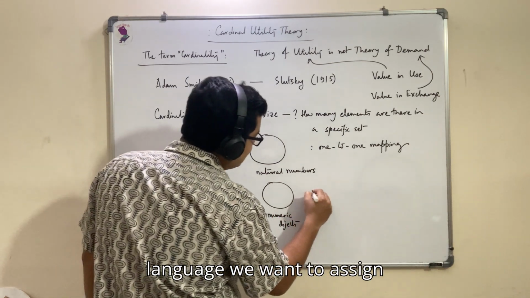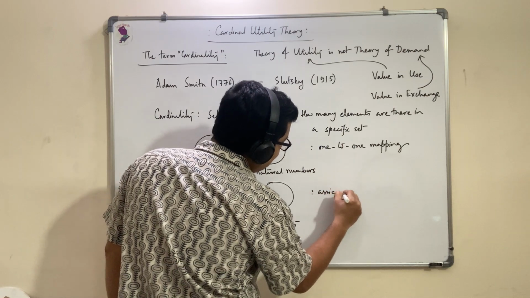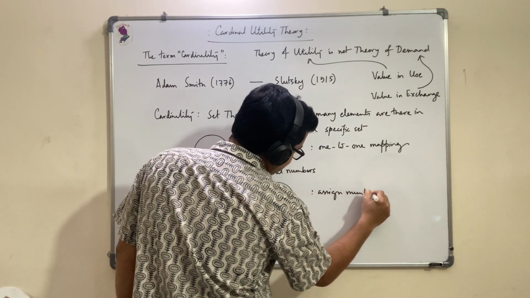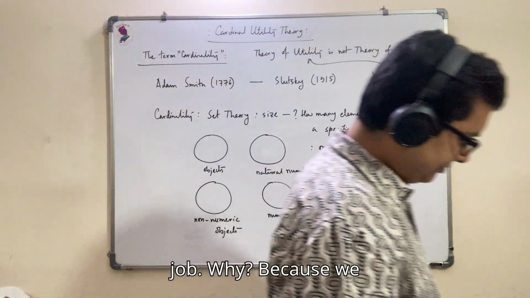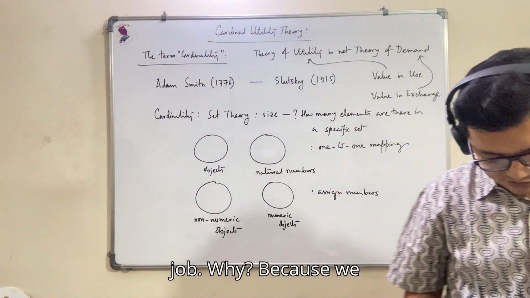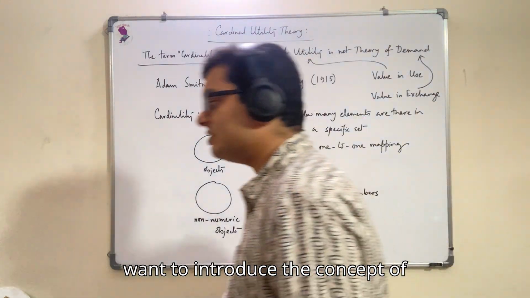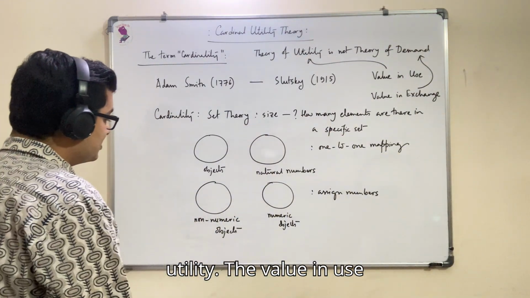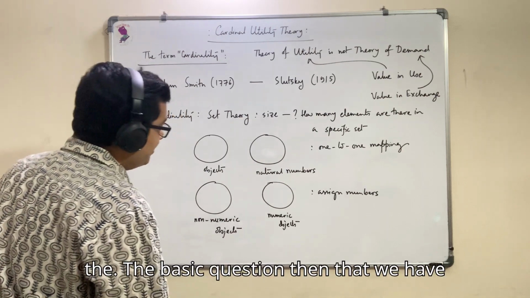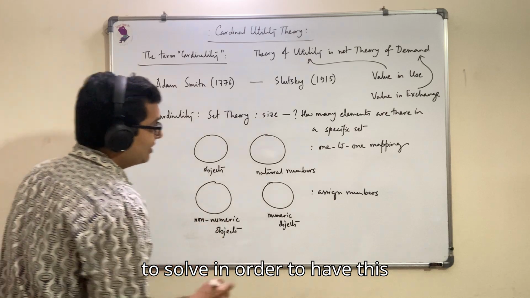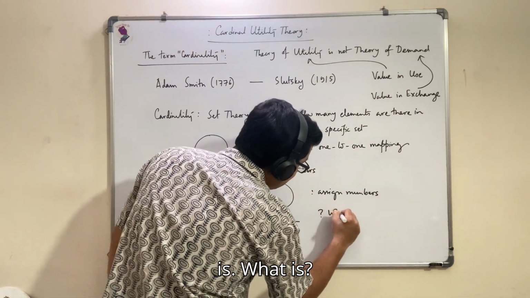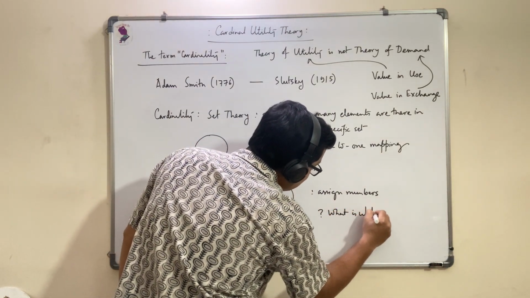In simple language, we want to assign numbers. But obviously, counting will not do the job. Why? Because we want to introduce the concept of utility, the value in use. So the basic question then that we have to solve in order to have this is, what is utility?